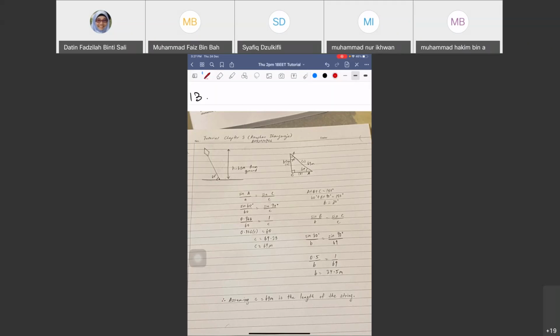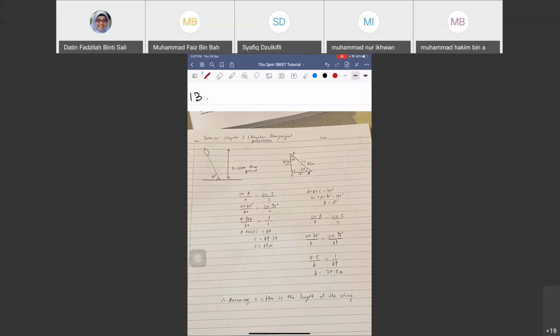The inclination of the string to the ground is 60 degrees. Find the length of the string, assuming that there is no slack in the string. So that means you want to find the length of the string.